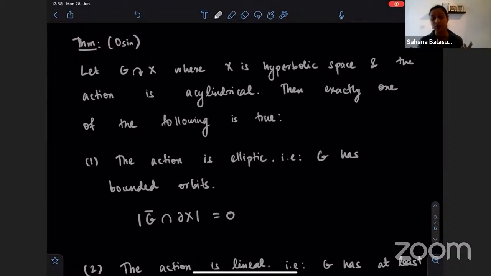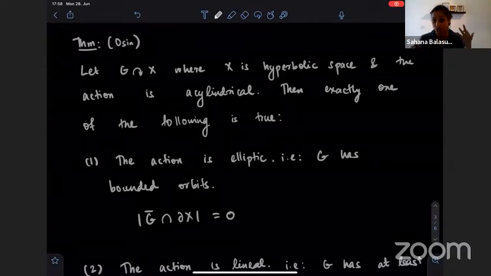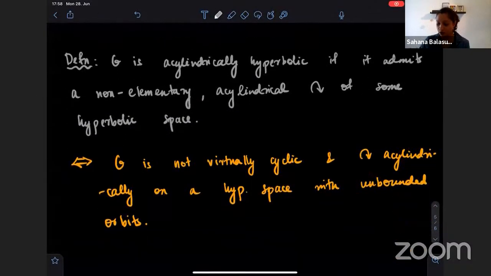There is the possibility of the action being parabolic, or horocyclic, or quasi-parabolic. And acylindricity completely eliminates these possibilities. So you go down from having 5 options to 3. So this is a much stronger set of conditions imposed on the group compared to having a general action on a hyperbolic space.